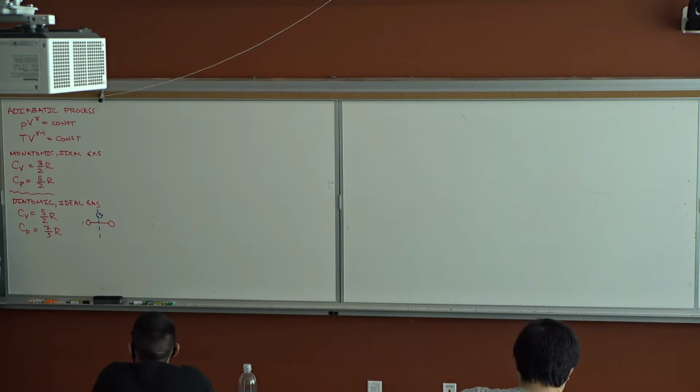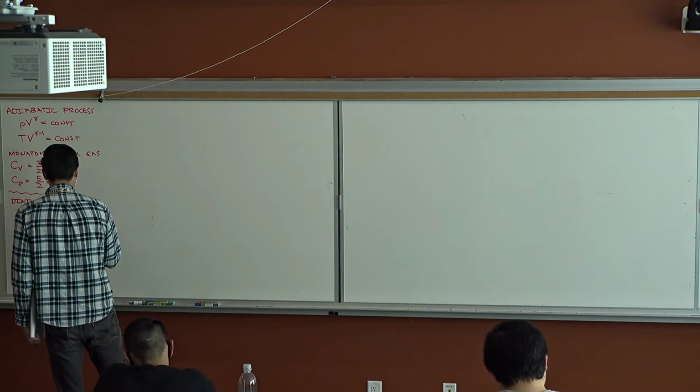So we went from 3/2 to 5/2, right? The 3 before were coming from the x, y, and z translational. We still have those x, y, z translational, but for the diatom, what else do we have? Well, we've got those 2 rotational axes also. Does that make sense?